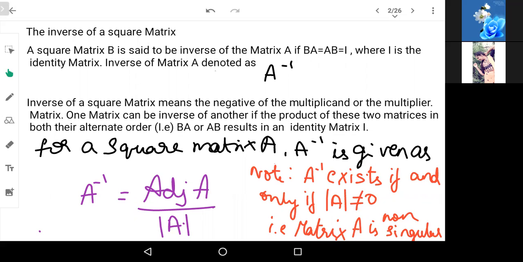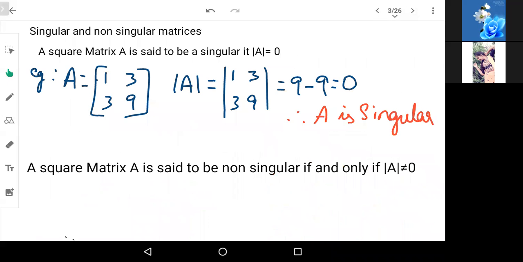Now there is another small concept under this, known as singular and non-singular matrix. It is very simple. If you find the determinant value of a square matrix and the value of the determinant is 0, then such a square matrix is called a singular matrix.